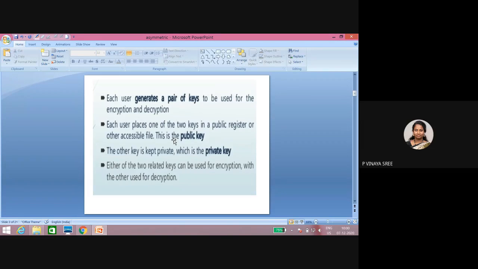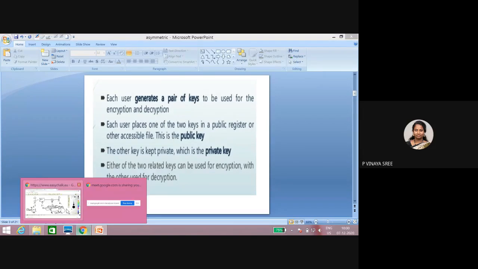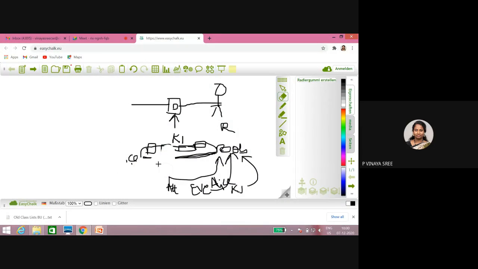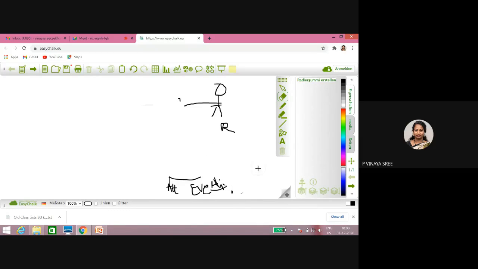Let me show with an example so that you can understand even more clearly. I already said that asymmetric uses two keys. One key is public.